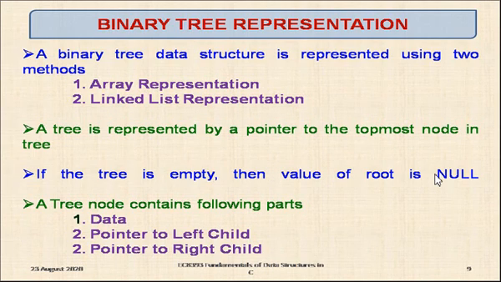If no element is available in the tree, then the tree is said to be an empty tree. In that case, the pointer to the topmost node doesn't have any address at all. The null is going to be stored there. That is why it is called the null pointer. That's why the empty tree has a null pointer at the root.